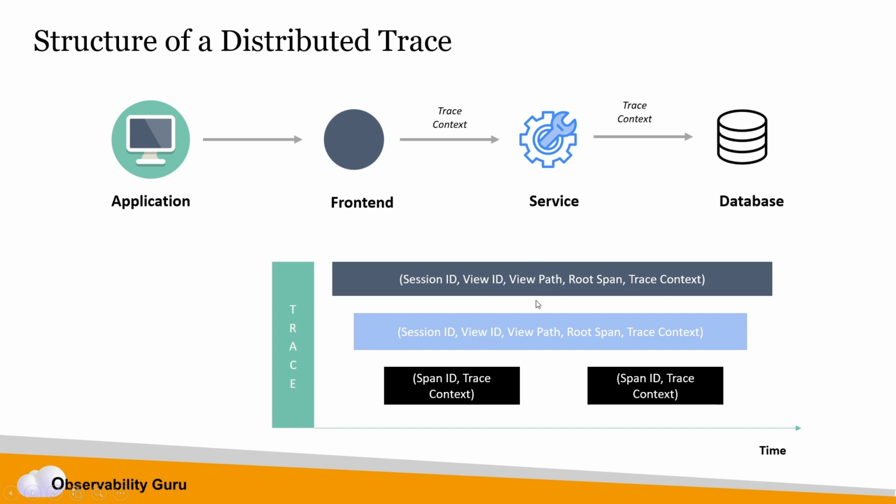In order to keep track of what's happening and connect each different layer, we use something called trace context. Trace context helps us keep the context and the parent-child relationship going. So this is naturally what distributed tracing is, where we are able to understand, in summary, what's happening end to end.